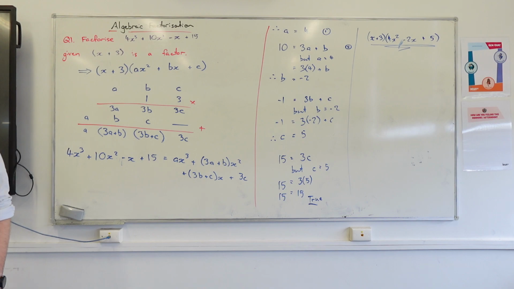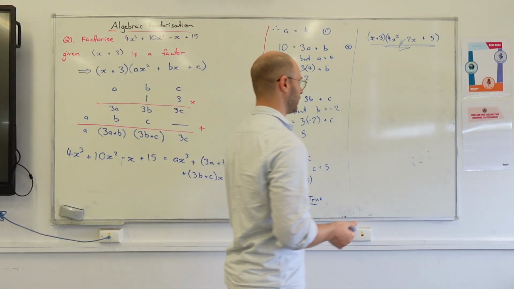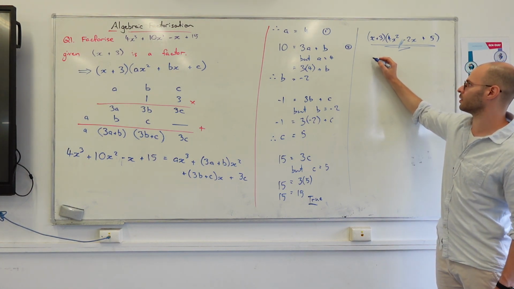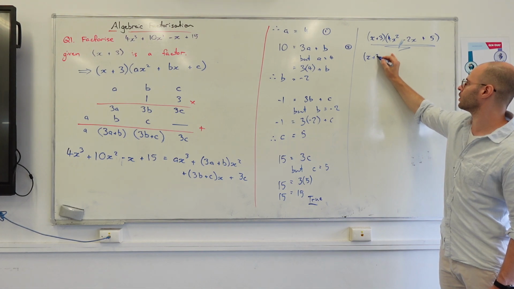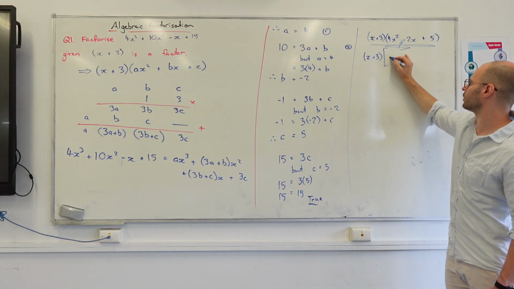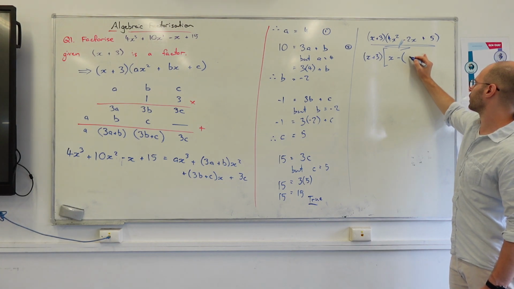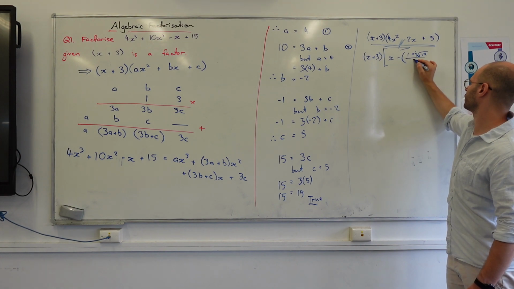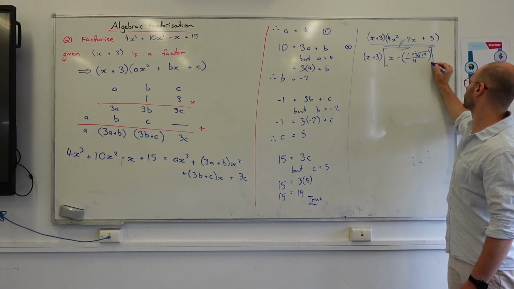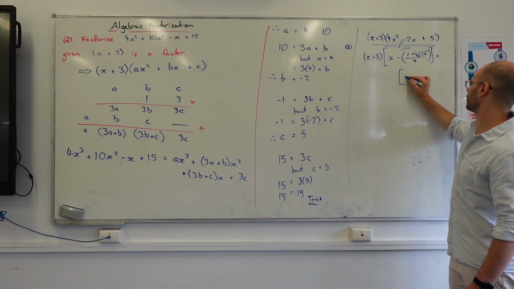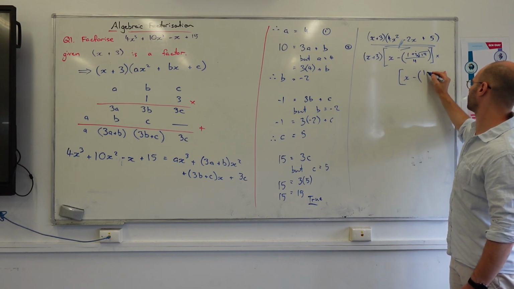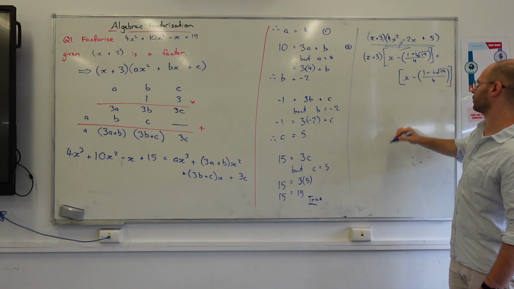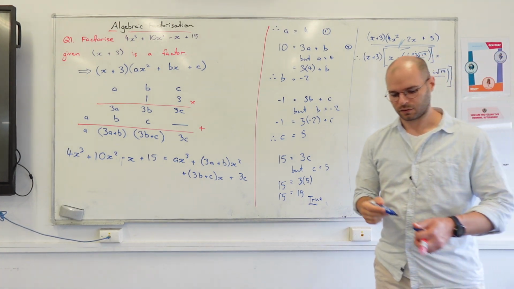And then using our roots that we discovered previously using the synthetic method, what do we end up getting? 1 plus or minus root 19, so x minus 1 plus i root 19 all over 4, times x minus 1 minus i root 19 all over 4. So there's your factorized form there.